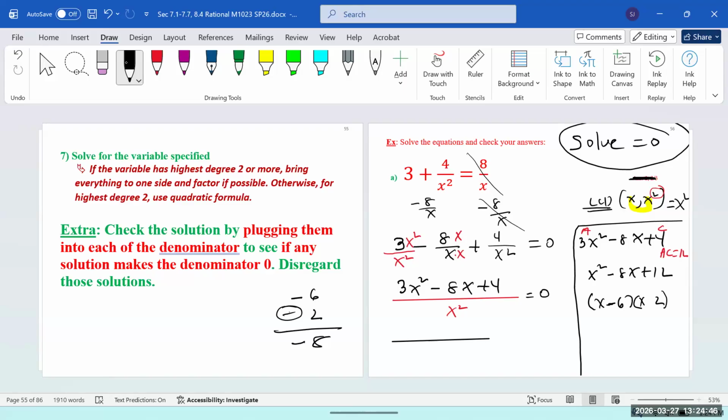That means the numerator is factorable, but we are not done, right? It is AC method, but we are. So what is our A again? So we have to divide. Which one we divide by 3? 6. And then this one we multiply.